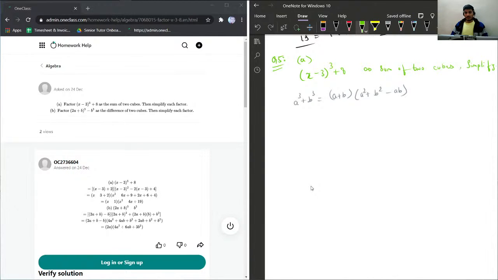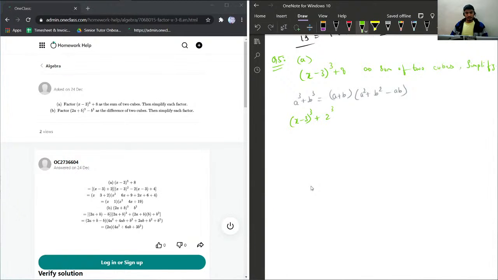But 8 is not in cube form, so I can take the cube root of 8, which is 2. If I write this as x minus 3 whole cube plus 2 cube, then according to this expression, my a can be x minus 3 and my b can be 2.